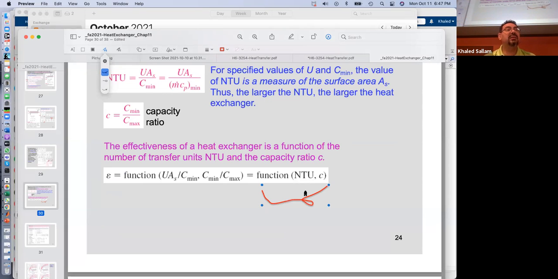Well, this one, we give it two properties, which is NTU and the small c, and what kind of exchanger it is, parallel, counter, shell and tube, and it calculates stuff for us. It calculates epsilon for us, basically.